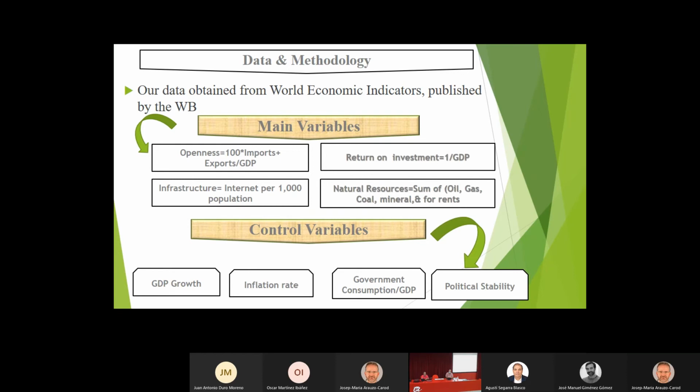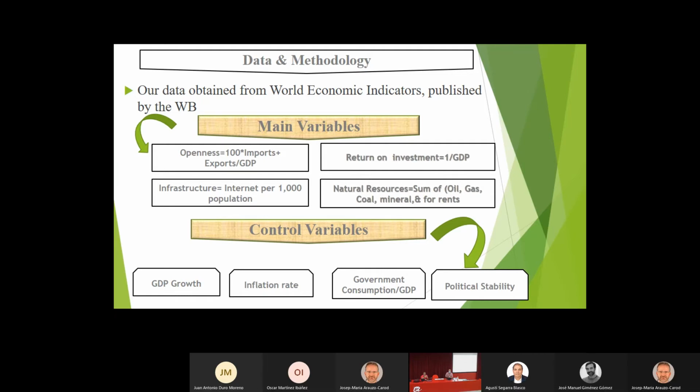Data and methodology. Our data is obtained from the World Bank. We are using four central variables that we examine in our article. Openness to trade. Return on investment: we use the inverse of real GDP per capita to measure the return on capital.